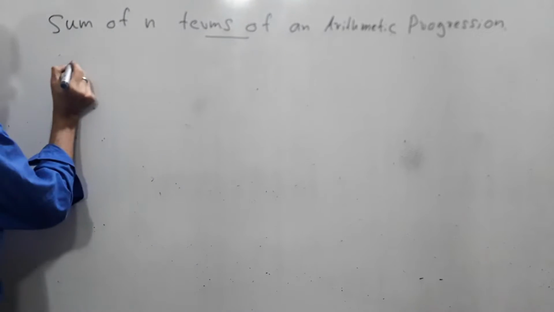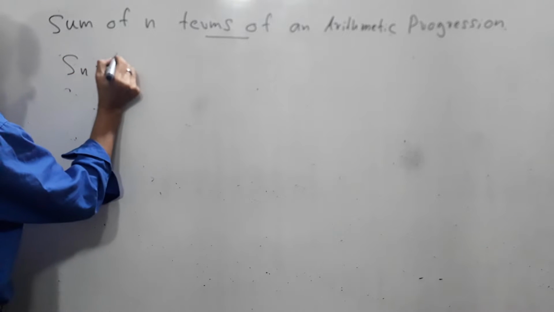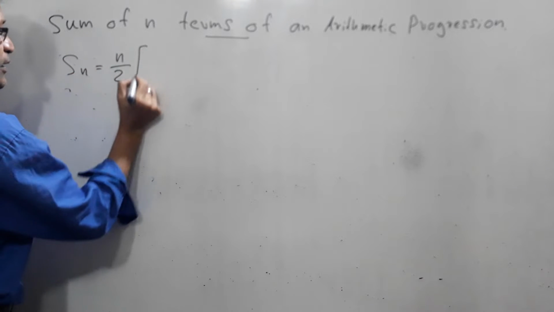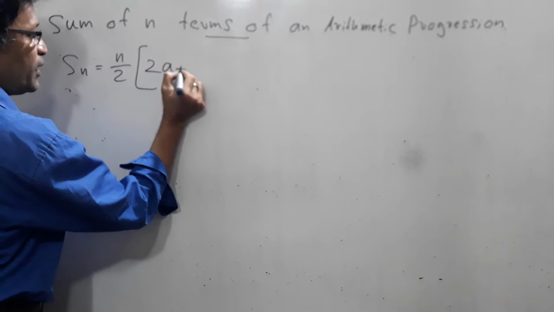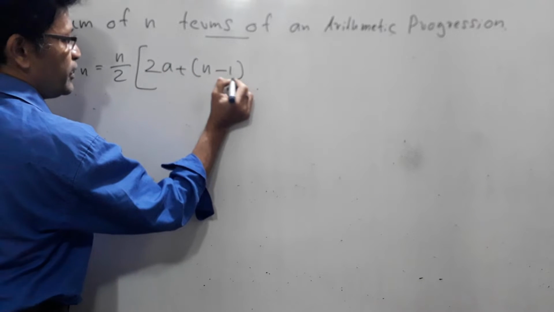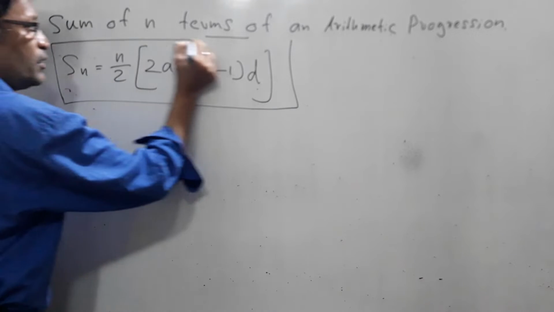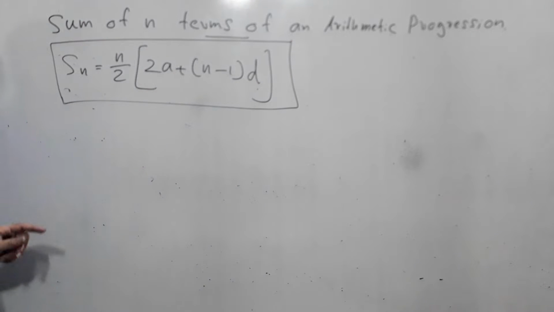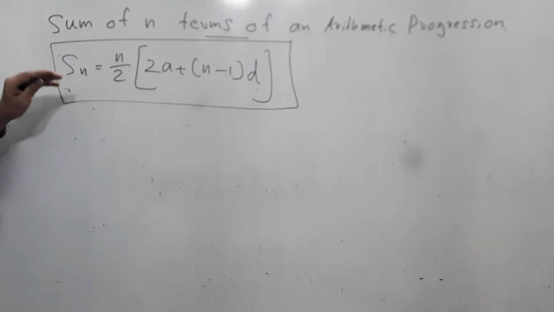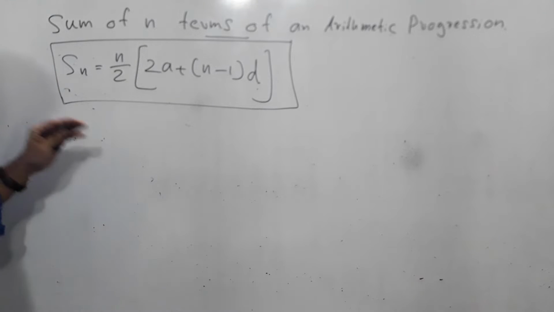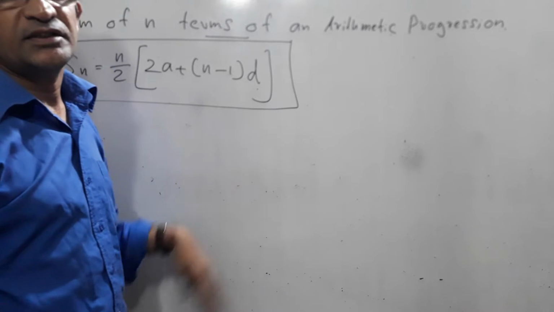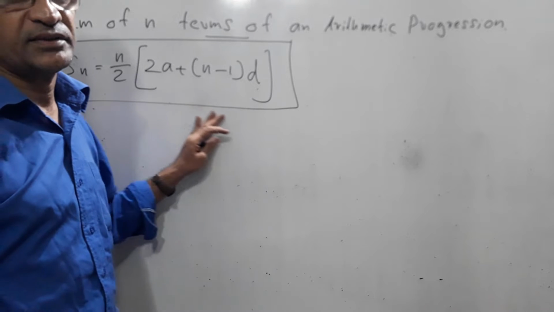Sn equals n over 2 bracket 2a plus (n minus 1) d. You can memorize this formula this way: do a few questions using this formula, then automatically you can memorize it. That's the best way to memorize this formula.